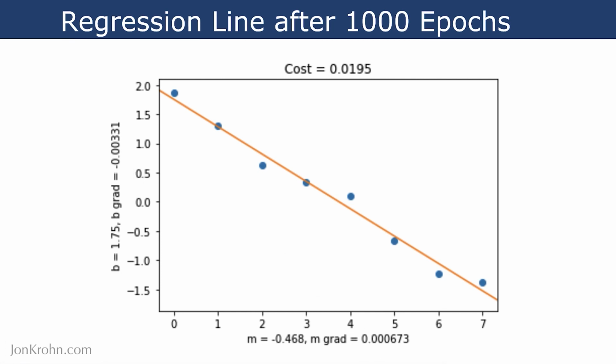All right, and so what are our parameter values? Well, just as in earlier notebooks where we solved this same problem using the same approach, though not at nearly the same level of detail as we did now, we get the same result. We get a y-intercept, a b, of 1.75, and a slope of our line of negative 0.468.